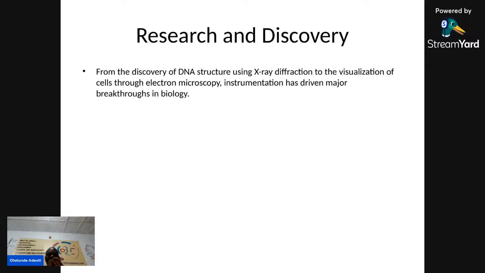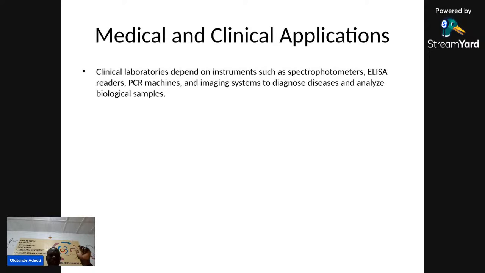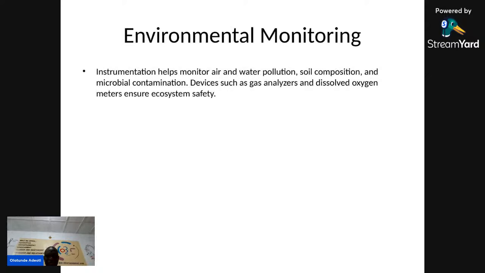That was exactly what led to the discovery of the double helix of DNA, which up to today is very important, not only in molecular biology, but also in genetics and others. We also look at some clinical laboratory equipment like spectrophotometers, ELISA readers, and PCR machines. I mentioned what PCR machines are and what we understand by PCR.